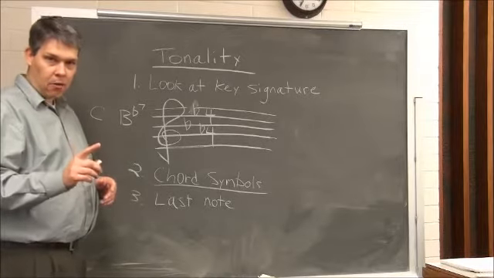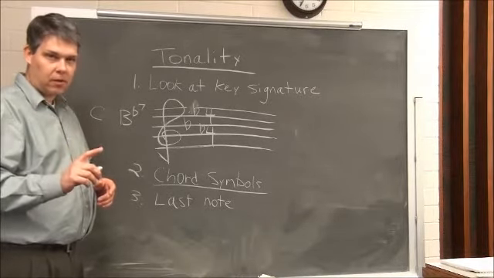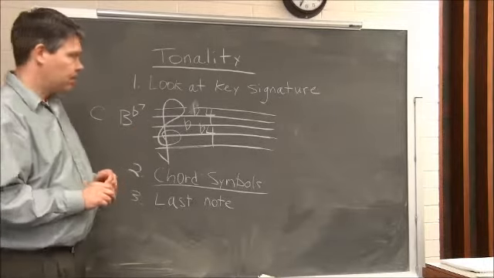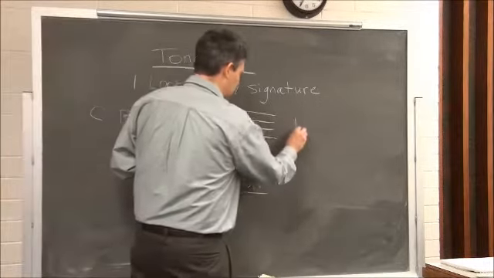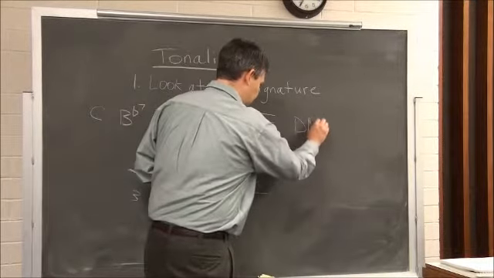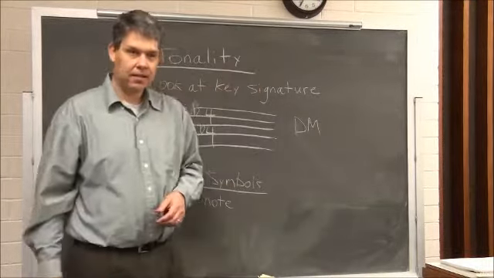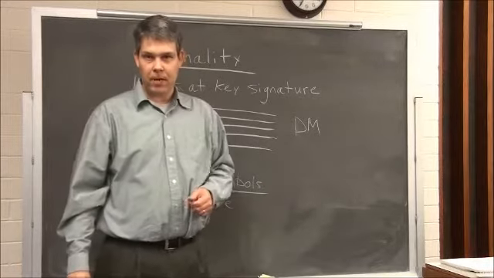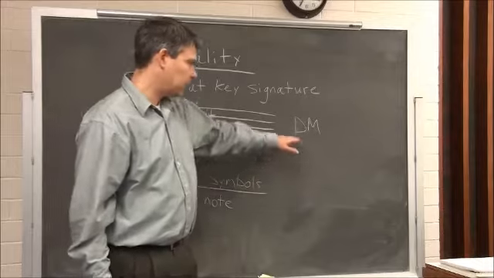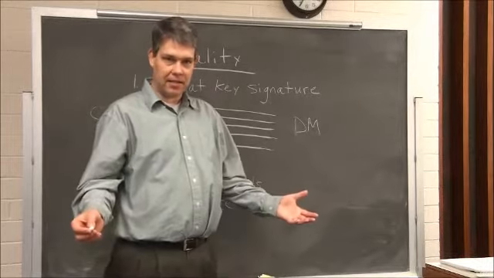Now, almost always the last chord symbol of the song is going to tell us our tonality. So if the last chord symbol says D, and I'm going to just say big M, because the big M stands for major. Sometimes you'll see an M, sometimes just a D, but that tells me that's D major.